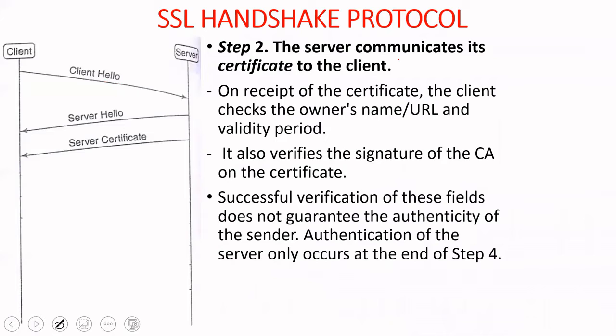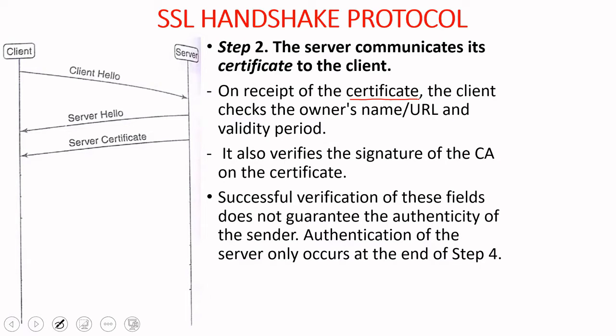The server will be sending its public key to the client for verification. How is this public key sent? That is through the digital certificate. That is what we said, certificate.